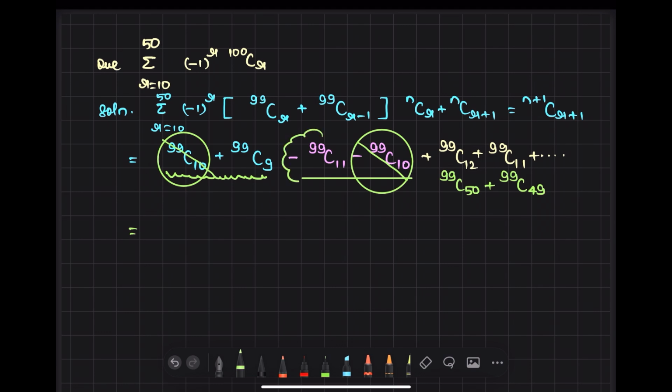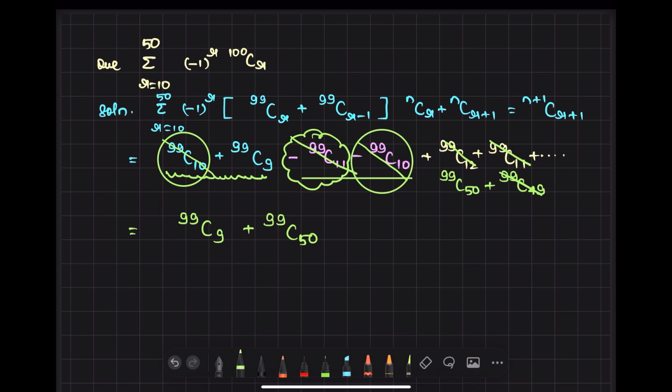The first element of this term will be neutralizing the next term's second element, and later it will get neutralized. So we will be having what? 99 C9 plus 99 C50. So this is your answer.